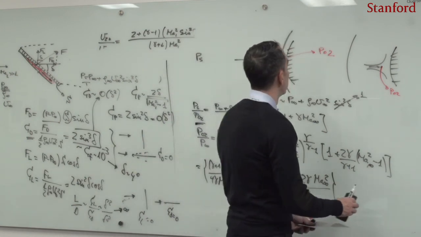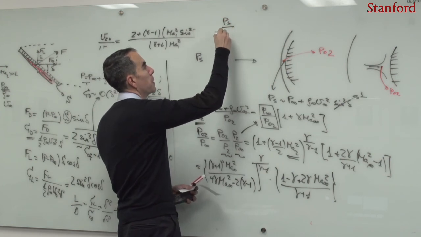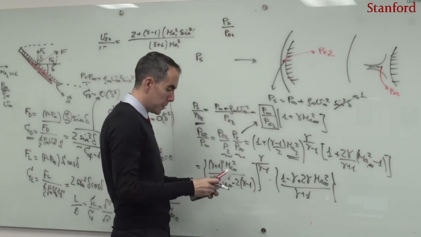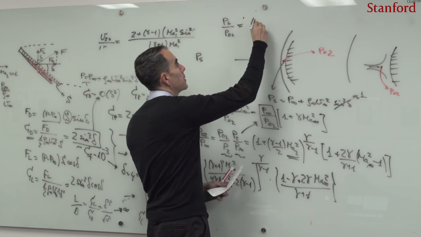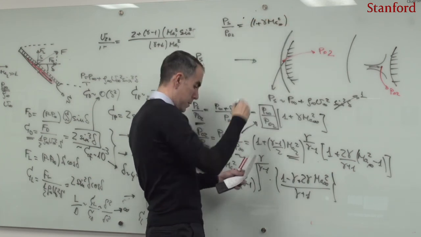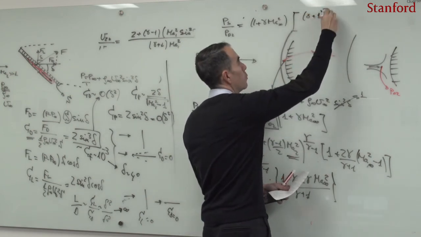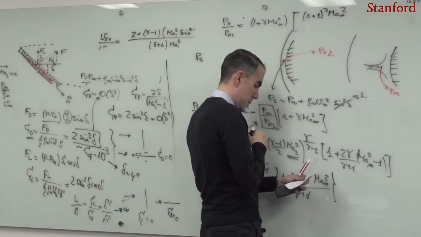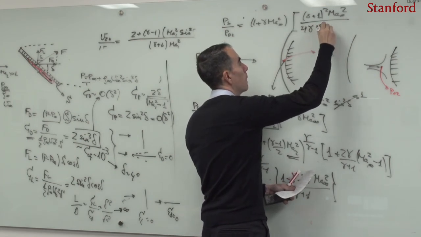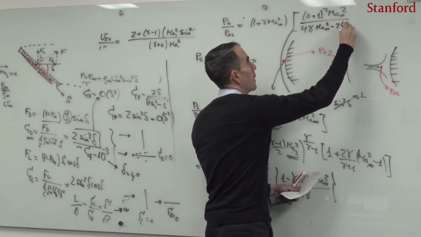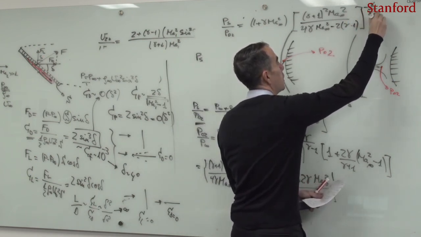If one does that, one obtains that the surface pressure predicted by the Newton theory divided by the post-shock stagnation pressure is equal to 1 plus gamma Mach infinity squared, multiplied by [(gamma plus 1) squared Mach infinity squared divided by (4 gamma Mach infinity squared minus 2 (gamma minus 1))] all to the power minus gamma over gamma minus 1.